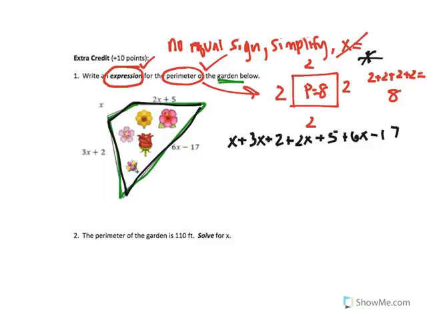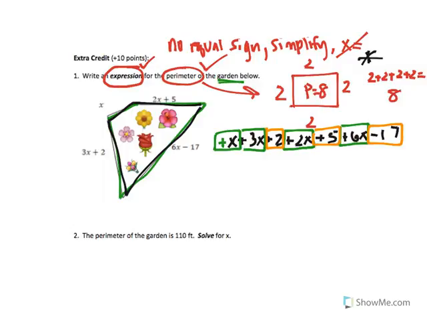So I need to combine my like terms. I have a positive x here, positive x here, positive x here, positive x here. And my constants I have here, here, and here. Let's combine our like terms.